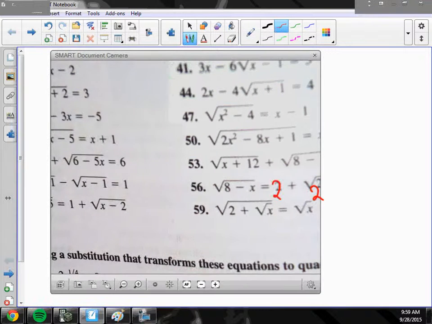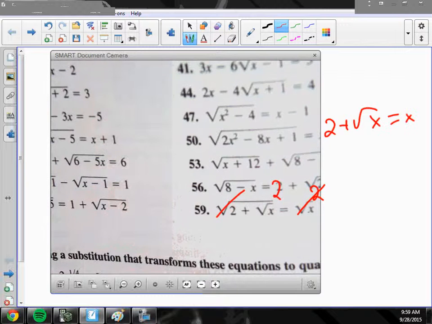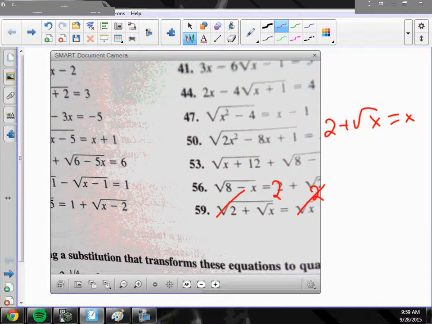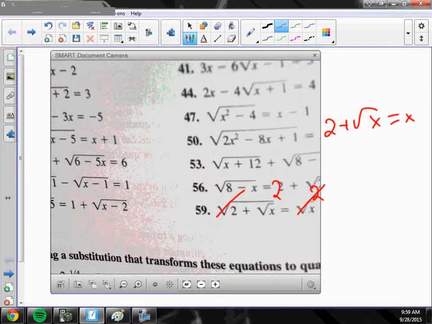And we'll eliminate that. So this, and then you have 2 plus root x equals x. So you're just going to, I wouldn't square it here. Move the 2 over and then square it. Okay? But is there another one that also works?